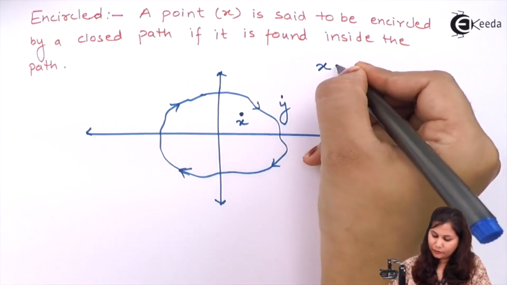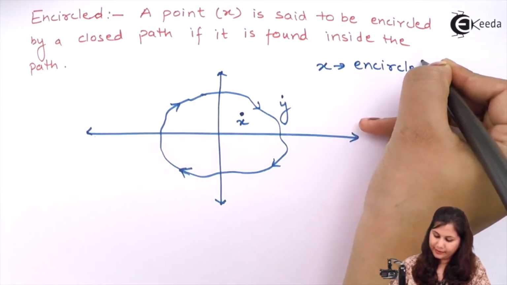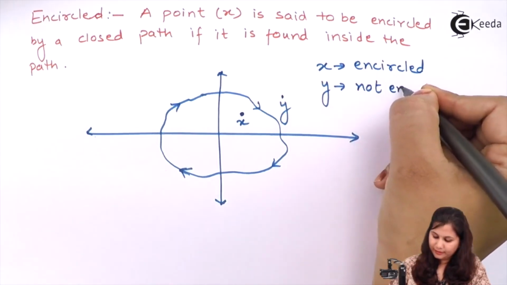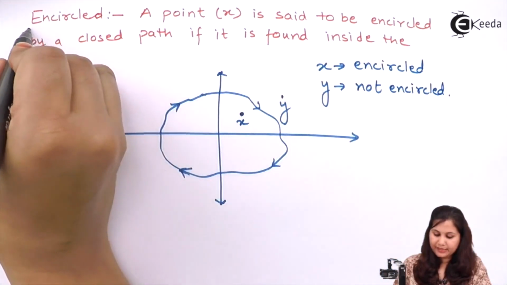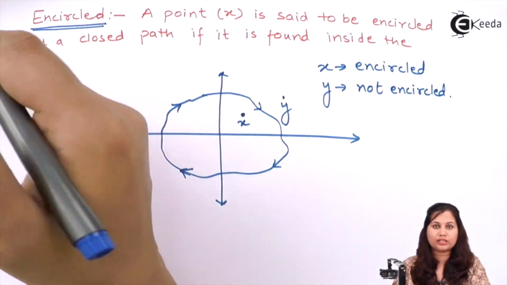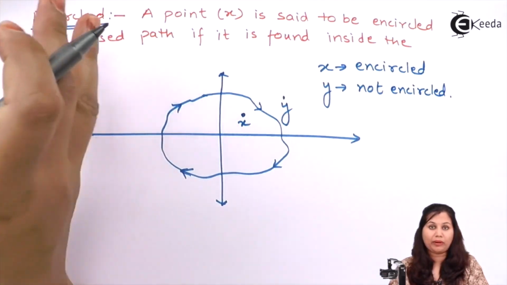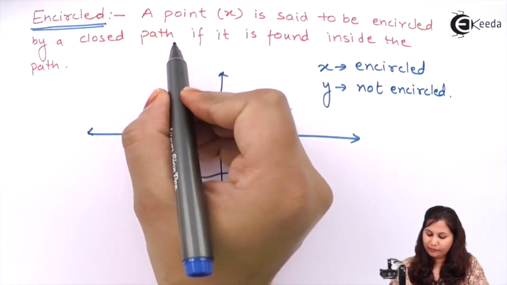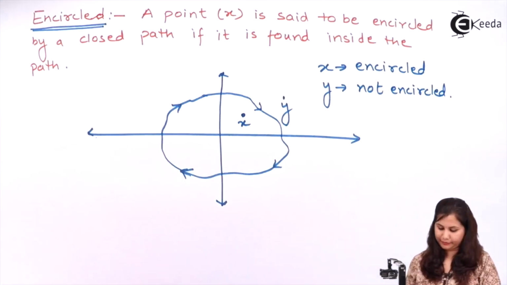So X is said to be encircled and the point Y is not encircled by the closed path. So for this term encircled, whenever we use it in the Nyquist method, we have to just see whether the point is found inside that path or outside that path.